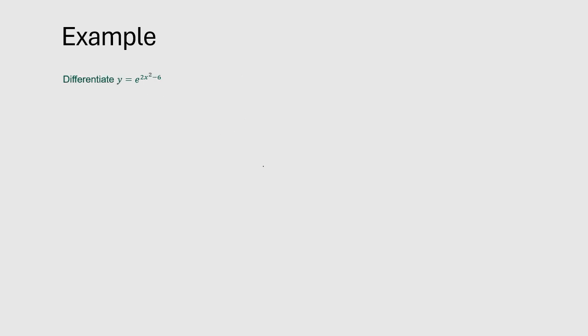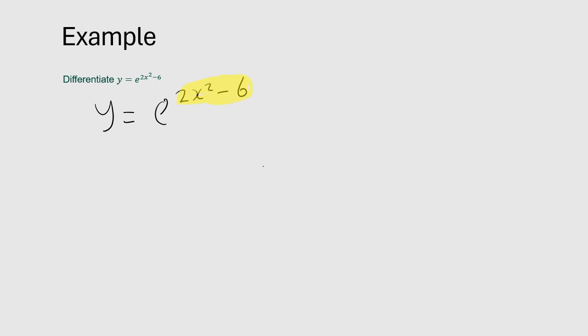So now we want to differentiate this. If you look at this one, it's not just some constant times x in the exponential. We have y equal to exponential 2x squared minus 6. So it's not like the other ones where we just have a constant like 2x or 3x or 4x.